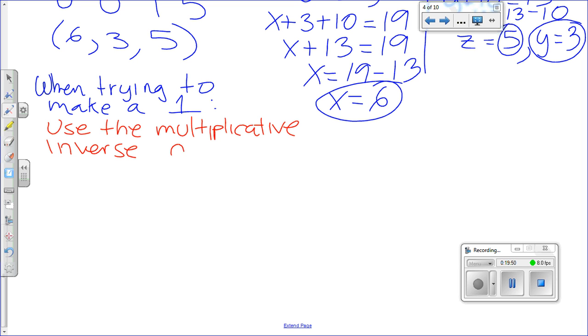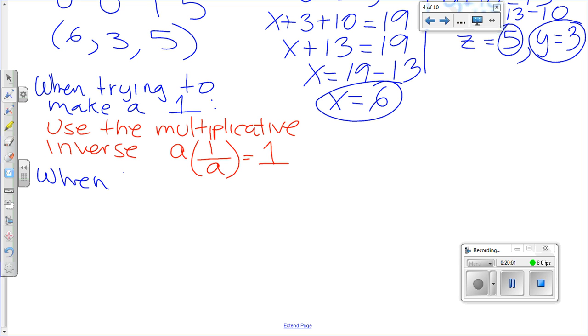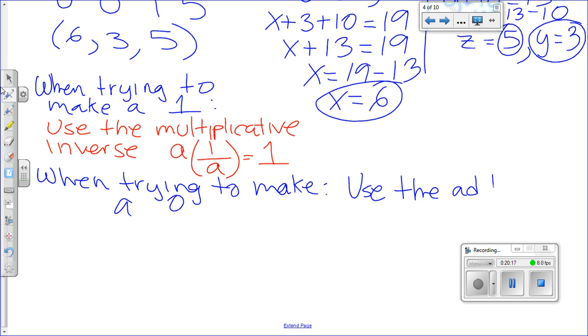Such as if you have a number, let's call it A, the multiplicative inverse will be 1 over A. When trying to make a zero, you will use the additive inverse. So for example, a plus negative a, that is an example of the additive inverse.